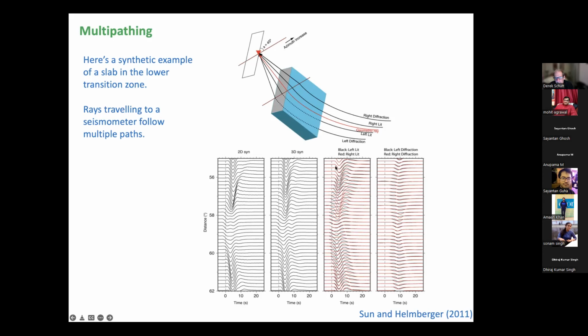This plot here shows that the ray will travel through multiple paths, and you will get a right ray and a left ray. And you will get a left diffracted ray and a right diffracted ray. And so these will all add up to form your seismograms. So a simple ray traced through the earth will not suffice.